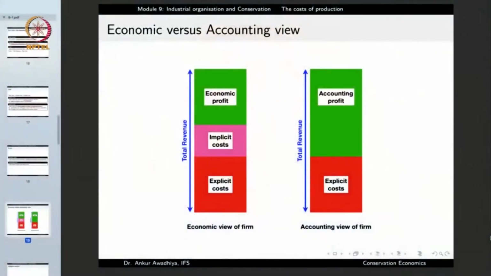But the economist would say that by increasing the explicit cost by 1 lakh, we are saving 5 lakhs in the implicit cost. So there is a net saving of 4 lakhs of rupees, which is much better. So this is why we need to understand the difference between the economic view and the accounting view.